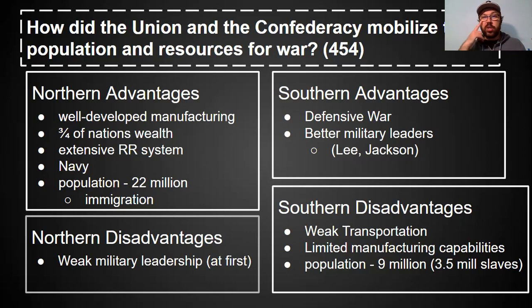But you can see here, it looks like the Union has more advantage, just like it looked like Great Britain did. But the biggest issue, of course, is beating someone so badly that they decide to come back, but not beating them so badly that they decide to keep fighting, which is very difficult to do. Part of that is also a lack of willingness to be aggressive and to go hard, because you're constantly thinking about what does after war look like when we have to come back together.